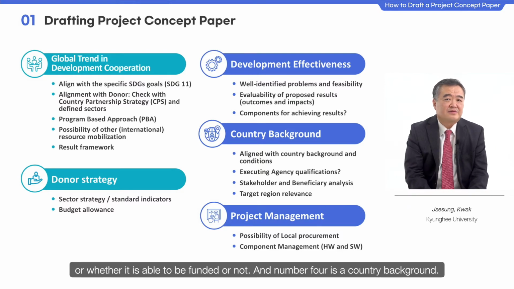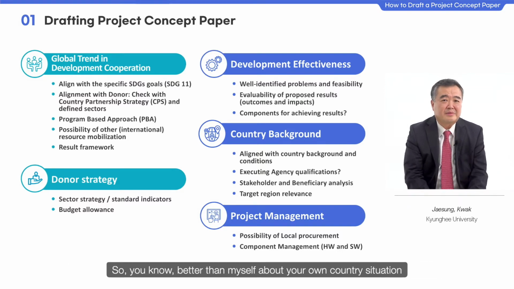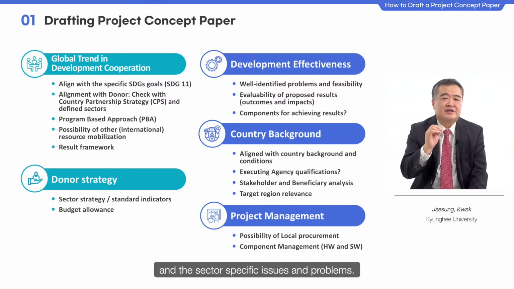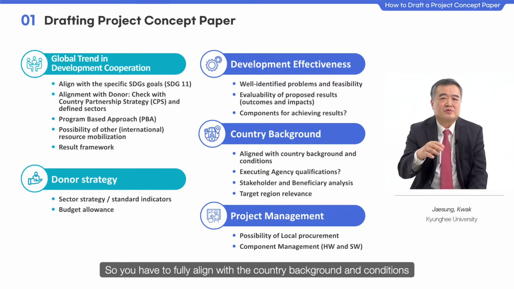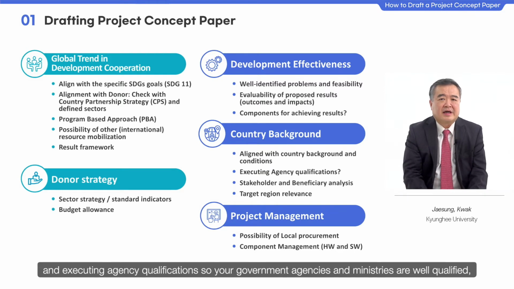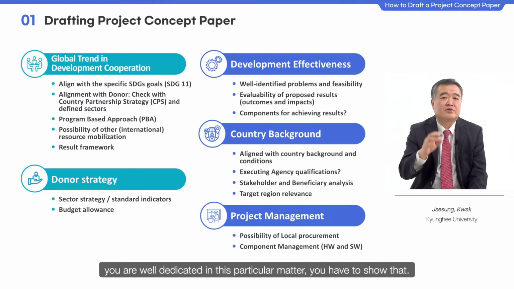And number 4 is the country background. So you know better than myself about your own country situation and the sector-specific issues and problems. So you have to fully align with the country background and conditions and executing agency qualifications. Your government agencies and ministries are well qualified, you are well dedicated in this particular matter.